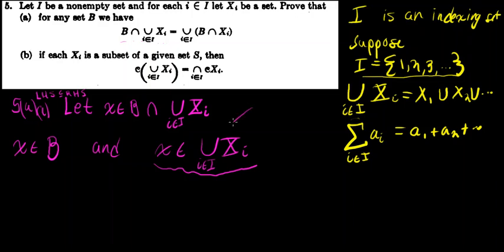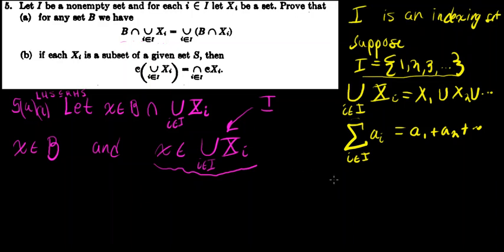We don't know how many elements are in I. It could be infinity, it could be an uncountable infinity, it could be a finite number. I could be 1, 2, 3, and 4. Big I, that is. So we don't know what this indexing set I is.